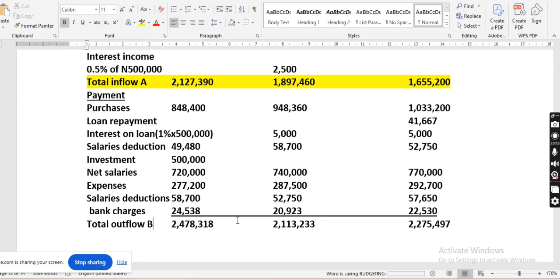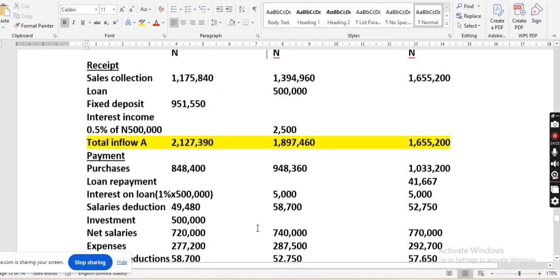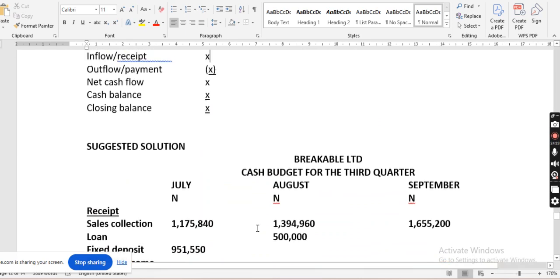That is one of the objectives of preparing a cash budget. You want to know what will be the balance. You are forecasting for the future. Budget is usually done at the beginning of every year. You project your outflow, and it will enable you to adjust your cost, and that is one of the aims of a budget.